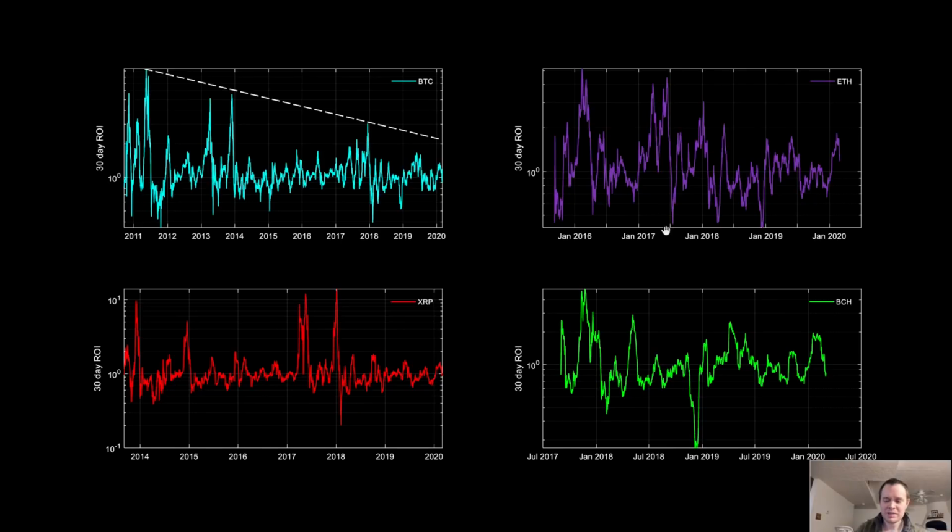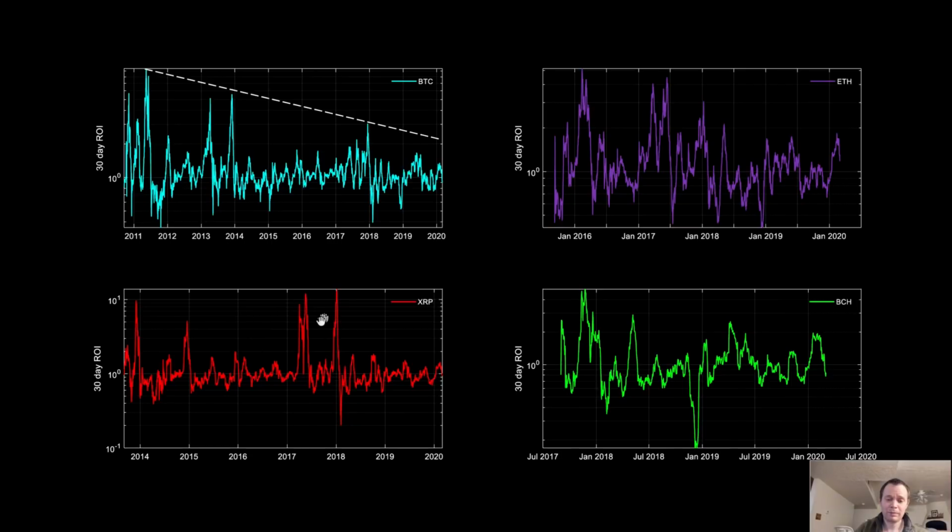Now, other coins behave quite differently. You can see that XRP is more or less humdrum for most of its life, and then it moves quickly. In 2013 it had a 10x return in 30 days. In 2017 it had two separate times where it reached a 10x in 30 days, and maybe one of those was briefly into 2018.